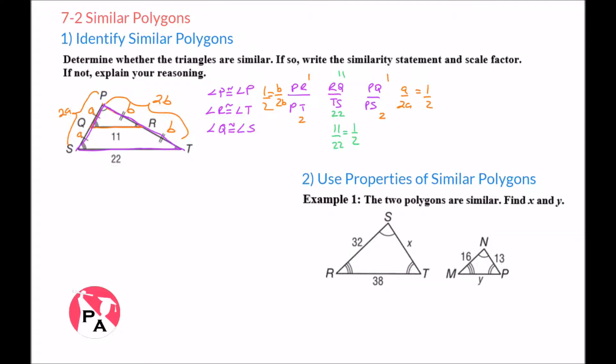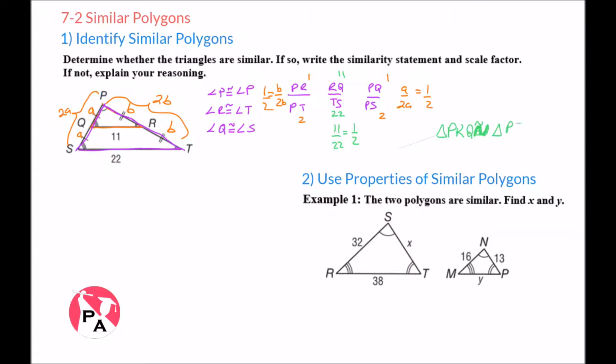We can write the similarity statement. Let's write the similarity statement for these two triangles using the congruent angles. So I'm going to go by order. Triangle PRQ is similar to triangle PTS. That's what I'm going to write.